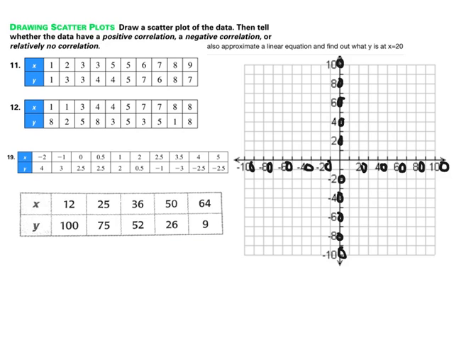So we go to 12, 100. And then 25, 75. 36, 52. 50, 26. 64, 9.